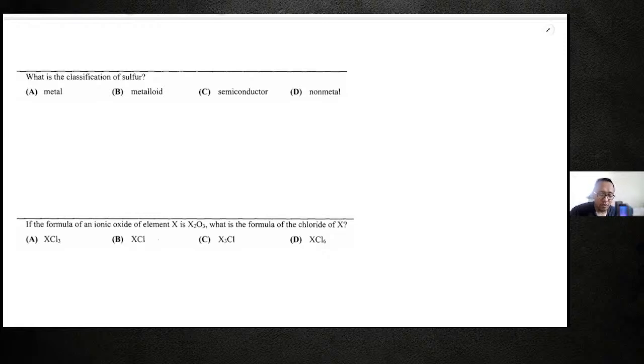What is the classification of sulfur? Okay, what's the concept we need to know? Sulfur is located in group 16.